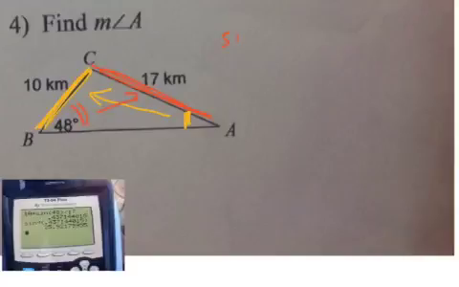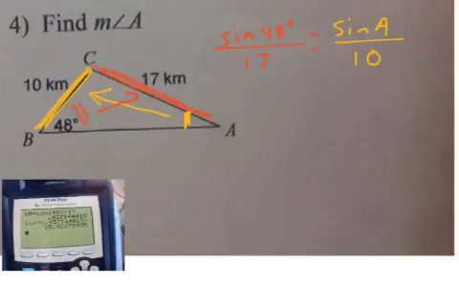I know that the sine of 48 degrees, if I match that up with the side, which is 17, I know that ratio will be the same as taking the sine of A, and matching it up with the opposite side from it, 10.